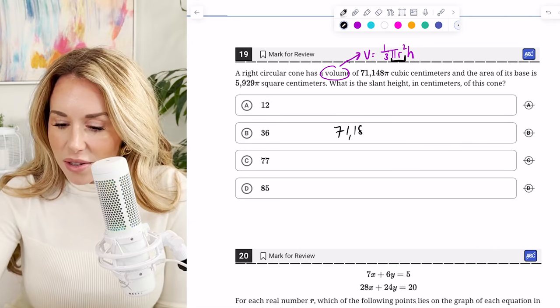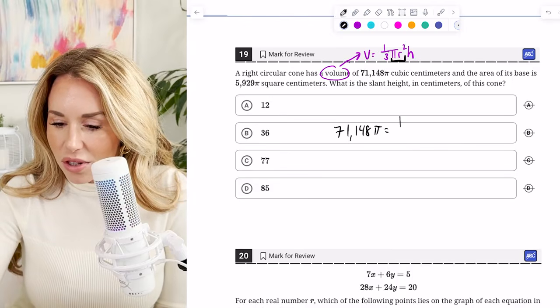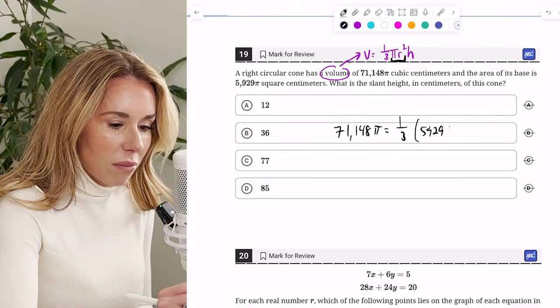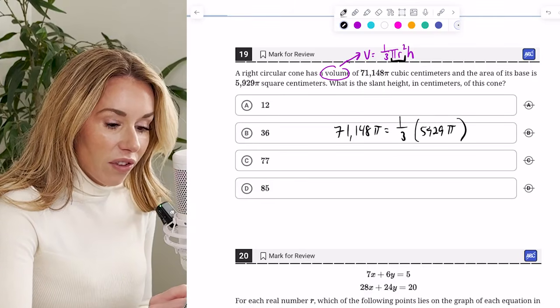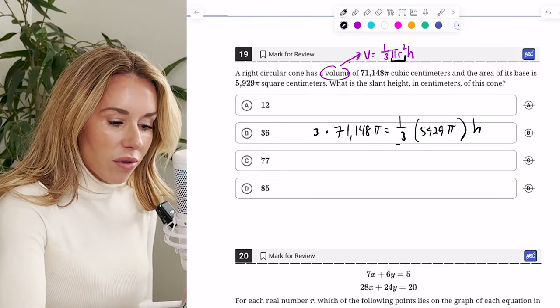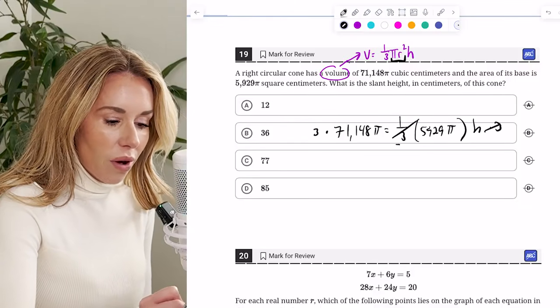The V is 71148 pi. I'm just substituting. Pi r squared is 5929 pi, and I'm solving for h. Let's multiply both sides by 3 to get rid of the 1/3.